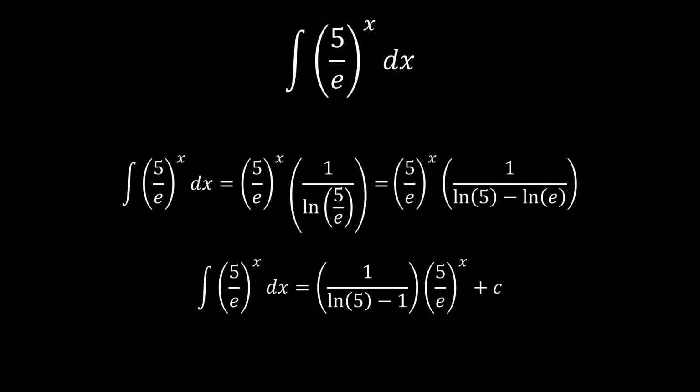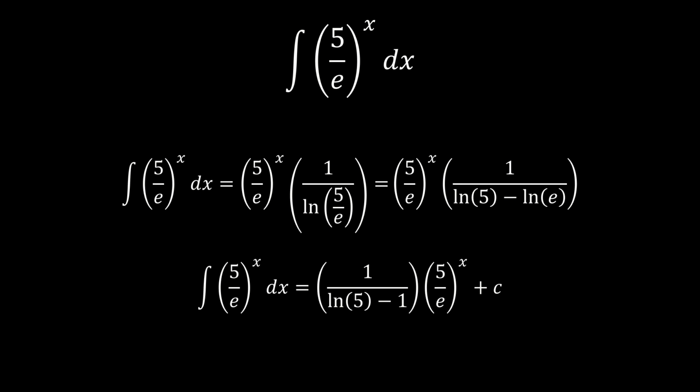So the integral of 5 over e to the x dx is just going to be 5 over e raised to x times 1 over the natural log of a, or natural log of 5 over e, which based off of log properties, we can break off that natural log of 5 over e to natural log of 5 minus the natural log of e, which the natural log of e is just 1.